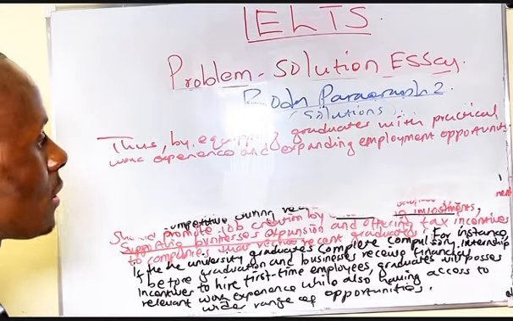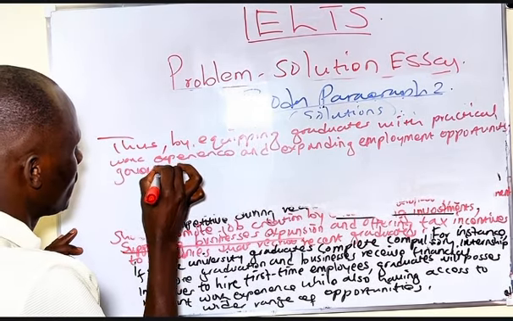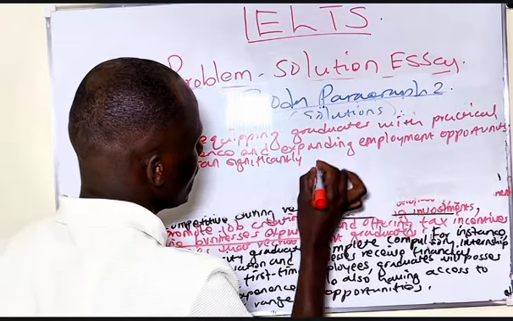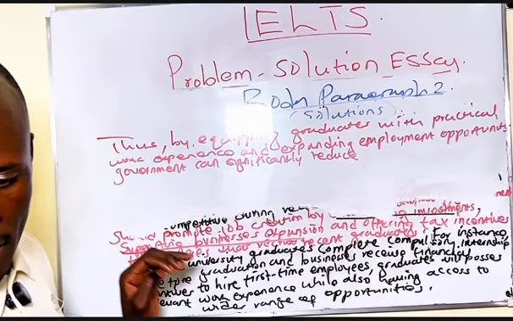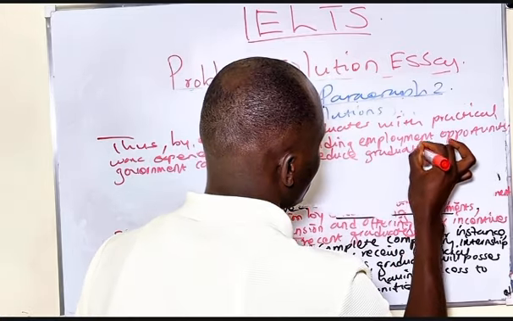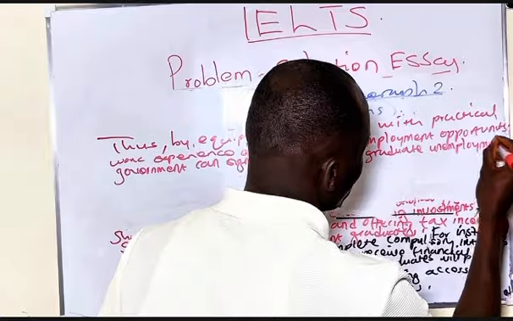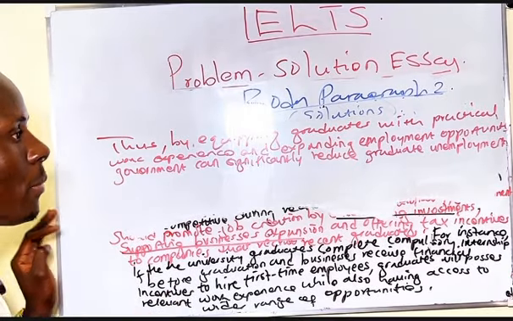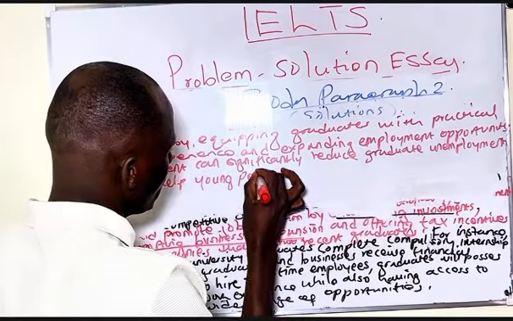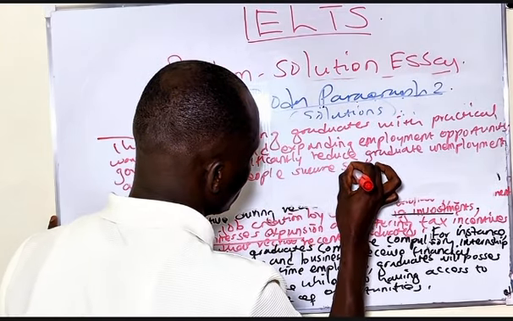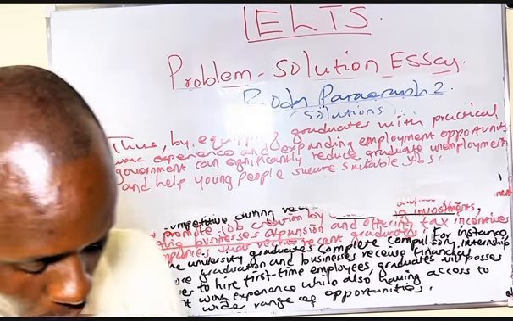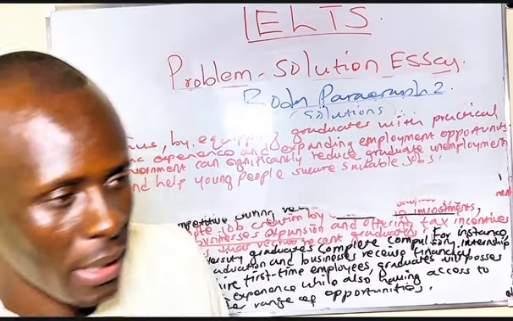Government can significantly reduce graduate unemployment and help young people secure suitable jobs. That is our second paragraph.